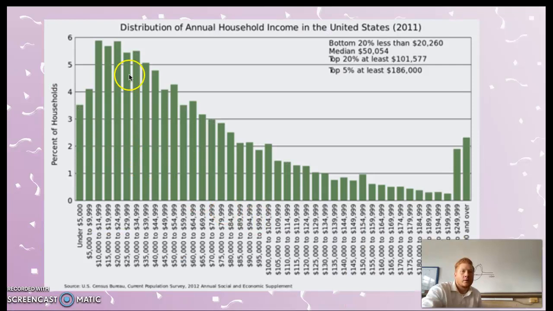So from here, distribution of annual household income in the United States. It's going to be positively skewed, where you see the majority, that lines up very well. The majority of household incomes in the United States are on one end. We're not a normally distributed economy or incomes.